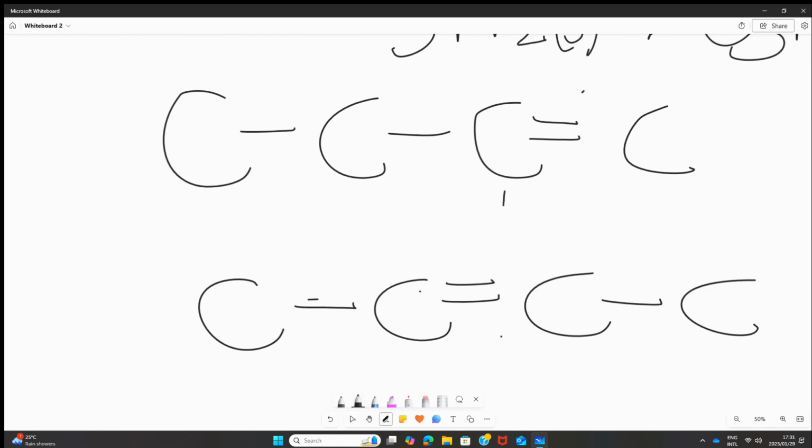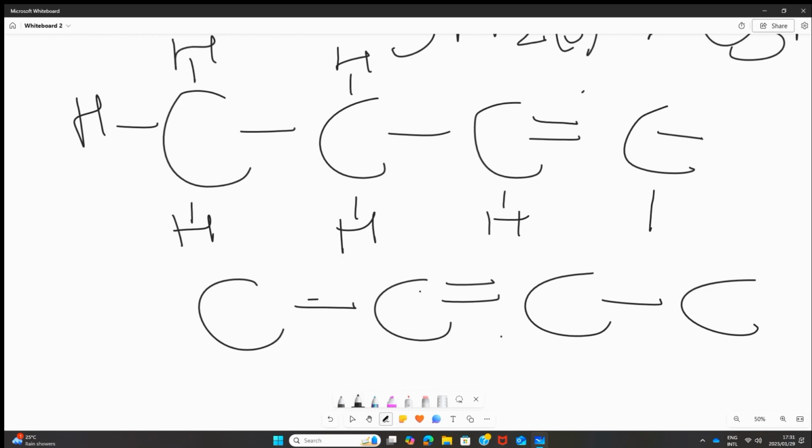When you have it there, you would name it differently. Then you have hydrogens here. We fill with our hydrogens, the 3 and the 2 hydrogens. Now each carbon is surrounded by 4 bonds.